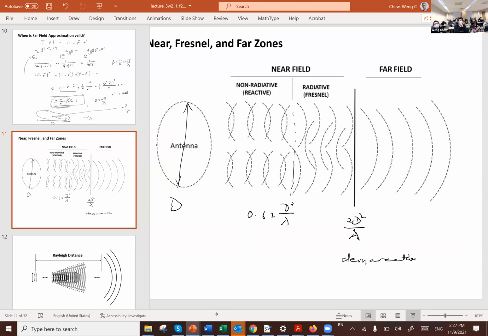But for long wavelengths, it's quite easy to go to the far zone. For short wavelengths, it takes quite a bit of walking before you reach the far zone, because the laser beam can remain collimated. It doesn't look like a spherical wave at all.